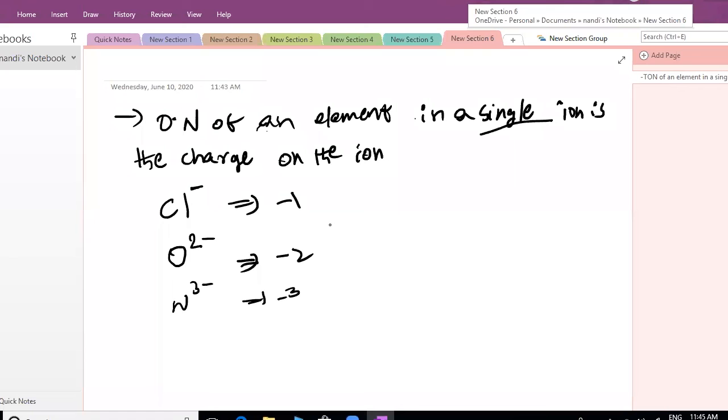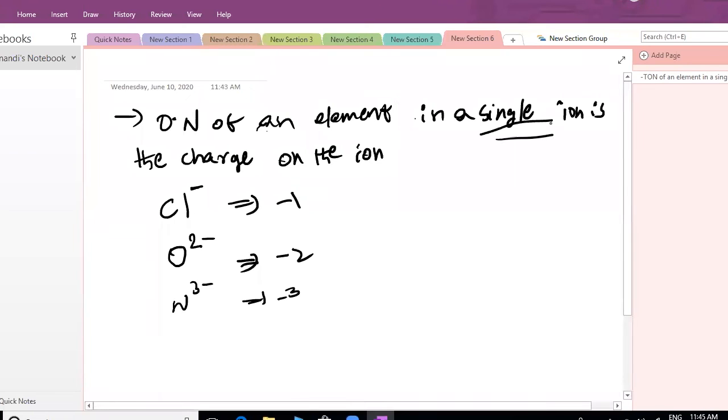Understood? Any doubt here? Whatever charge, that is equal to oxidation number when that single ion is there. Single means only one atom. That's the meaning. Try to understand the sentence. Very easy, all these things.